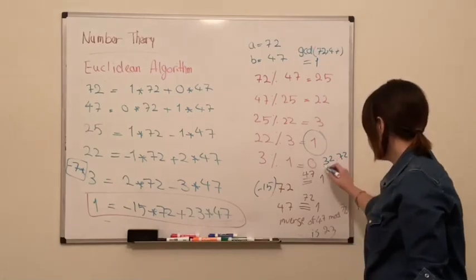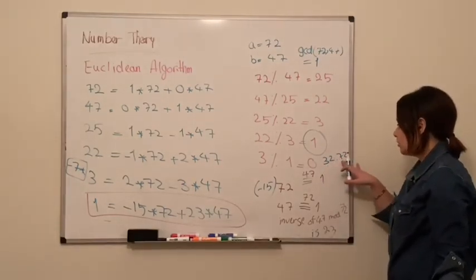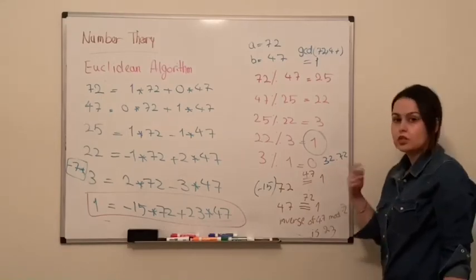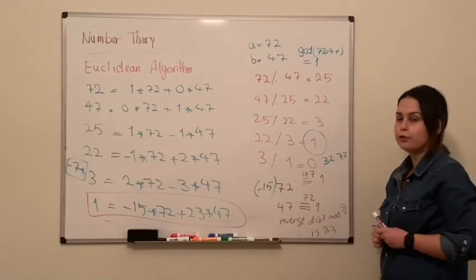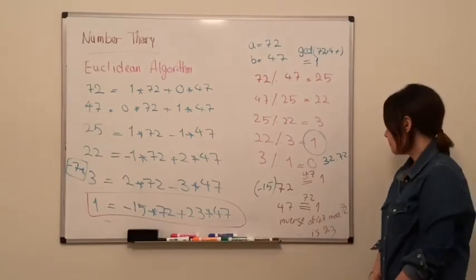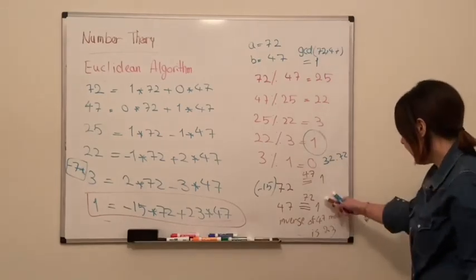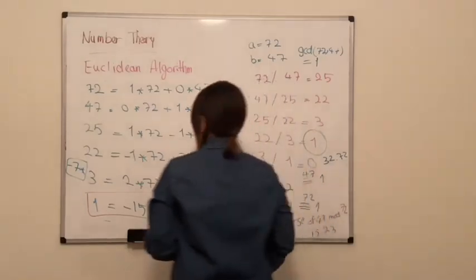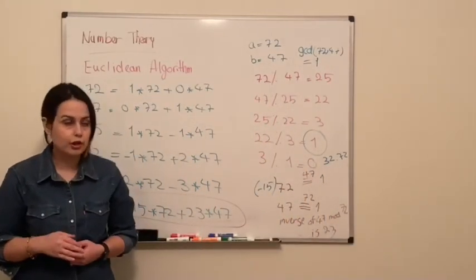You can compute that and see that if we multiply 32 times 72 and subtract 1 from that, then over 47 the remainder will be 0. So by this we proved the inverse theorem.